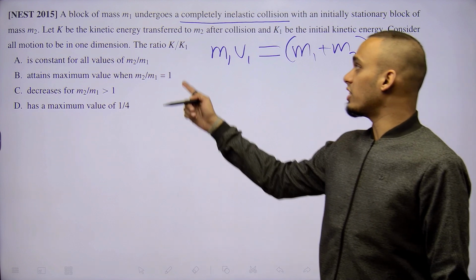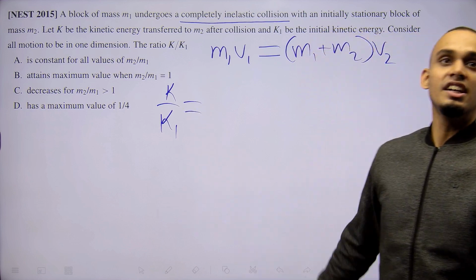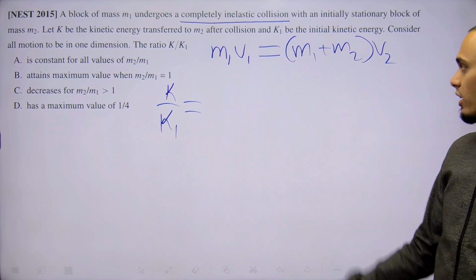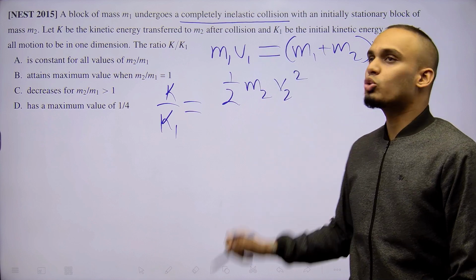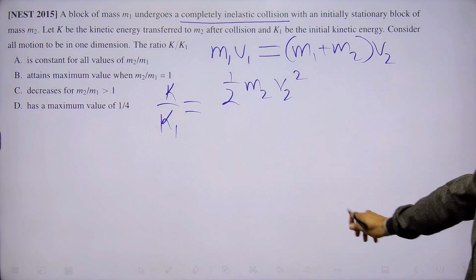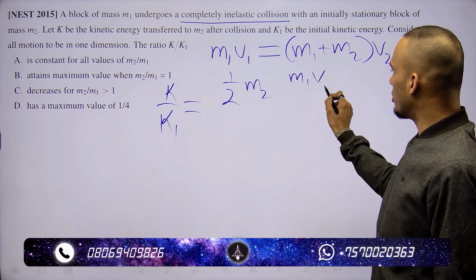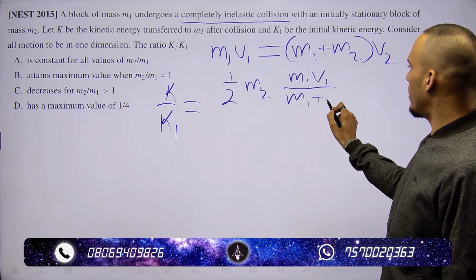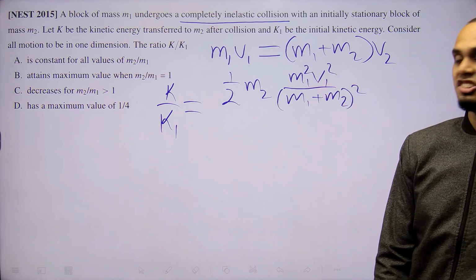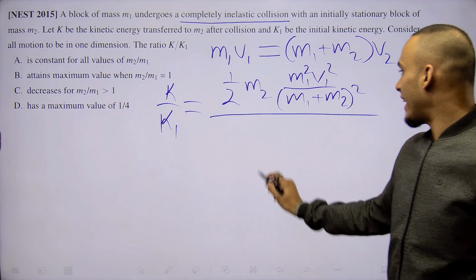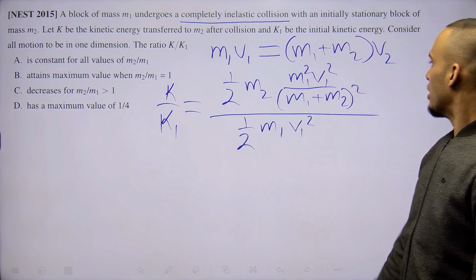So if we want to consider the ratio K upon K1, the kinetic energy transferred to block m2 will be half into m2 into v2 square. We can substitute the value of v2 from the momentum conservation equation as m1 v1 upon m1 plus m2, and square these terms, and the initial kinetic energy was simply half into m1 into v1 square.